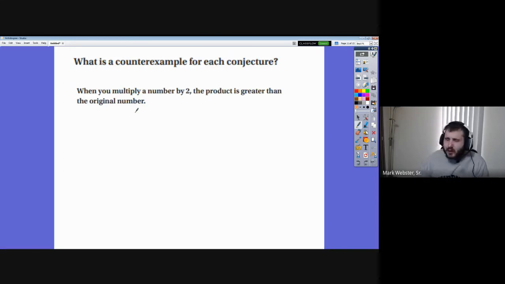Who can come up with a number that if I multiply it by 2, it's not bigger anymore? So look, if I do 1 times 2, is 1 getting bigger? Yeah. I want this number to not be bigger anymore. So this would reinforce my conjecture, right? This would tell me my conjecture is right.